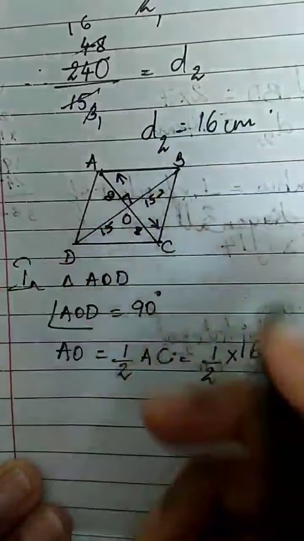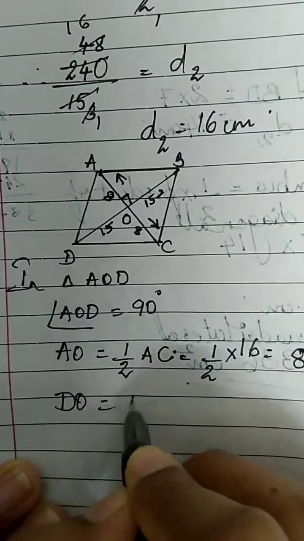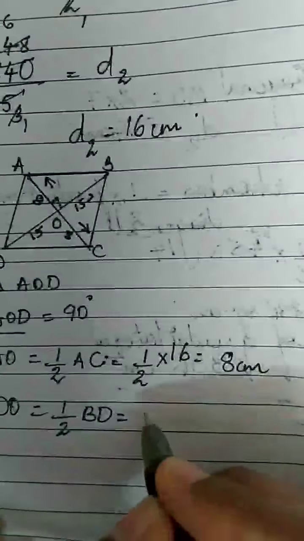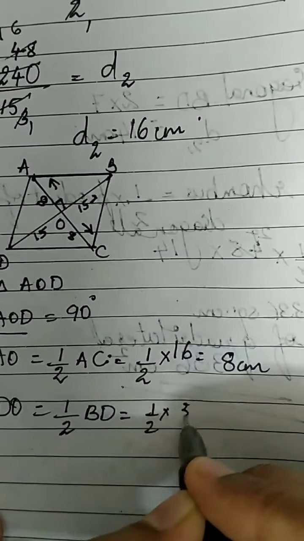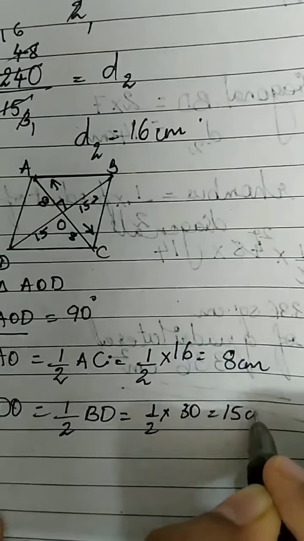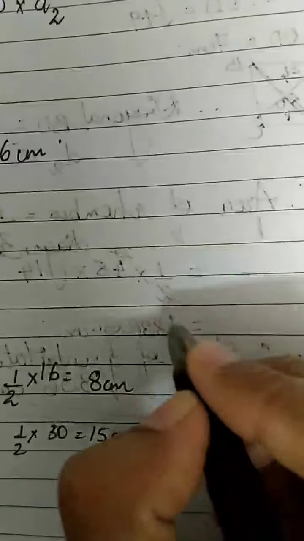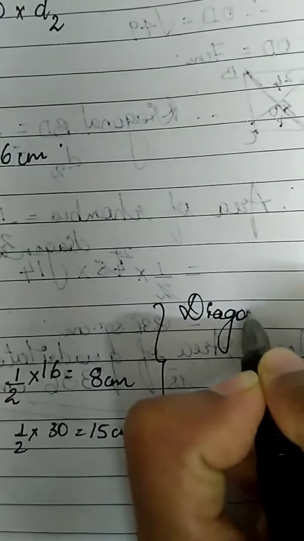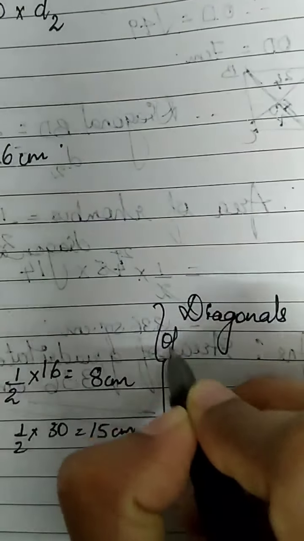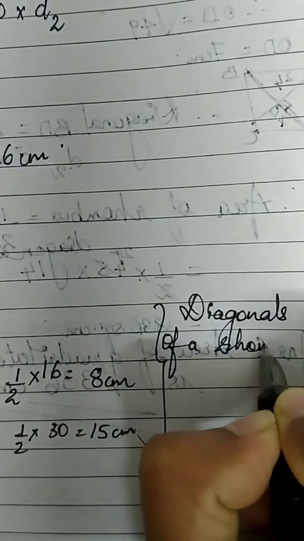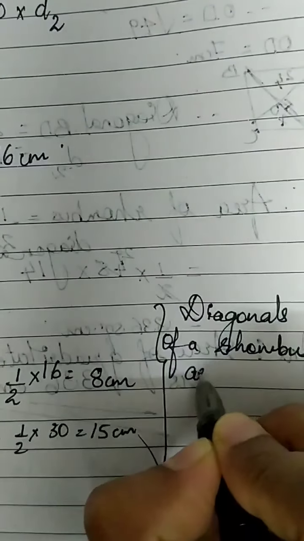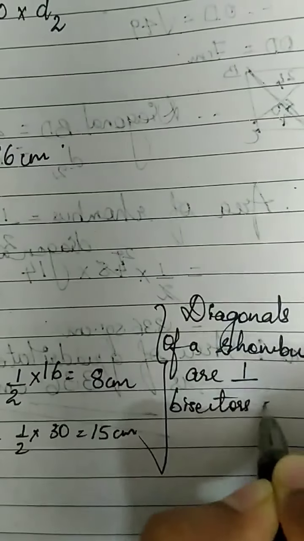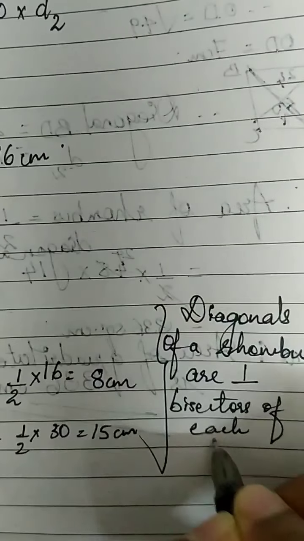Then DO is equal to half of BD, that is half of 30, which is 15 centimeter. Now for all this, you have to write the reason: diagonals of a rhombus are perpendicular bisectors of each other. Okay? Written?